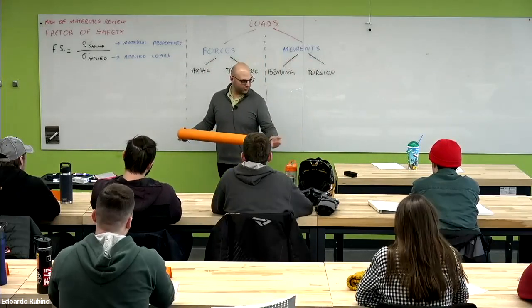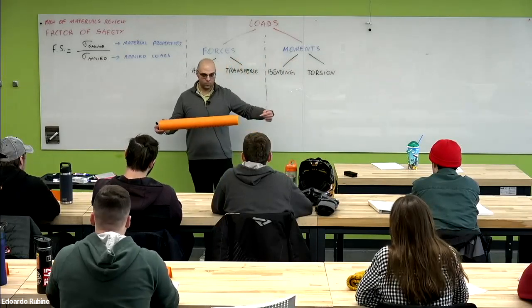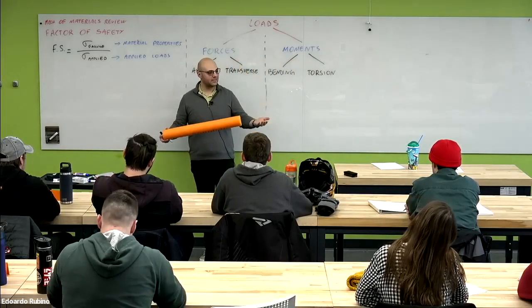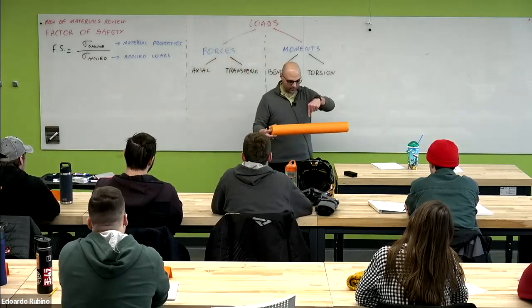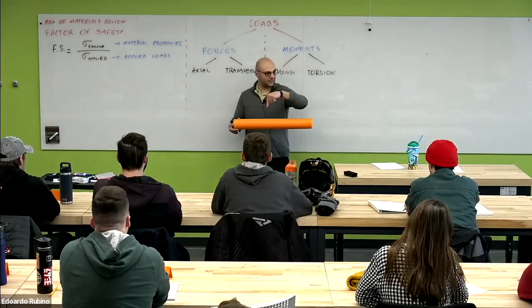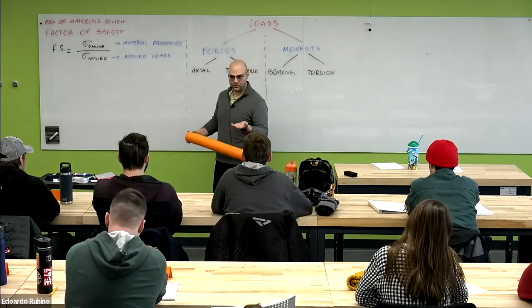If the force is aligned with the axis of the beam, it is an axial force. If the force is perpendicular with respect to the axis of the beam, it is a transverse force.